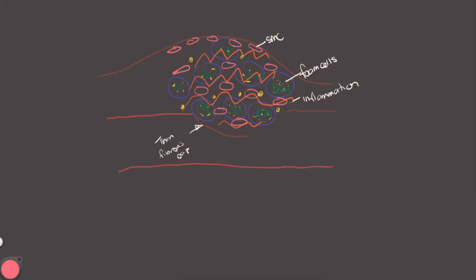So we get a plaque rupture, and we see this fibrous cap open up. Now the thing with exposing this lipid-rich core and this calcified matrix to the lumen is that it attracts platelets, and that's one of the primary problems associated with this.